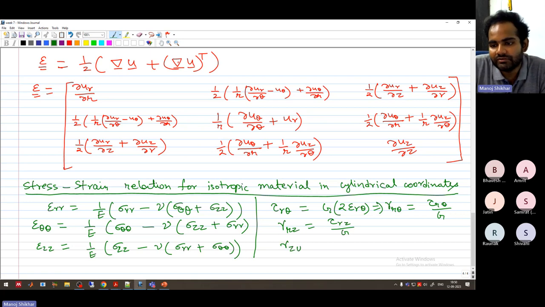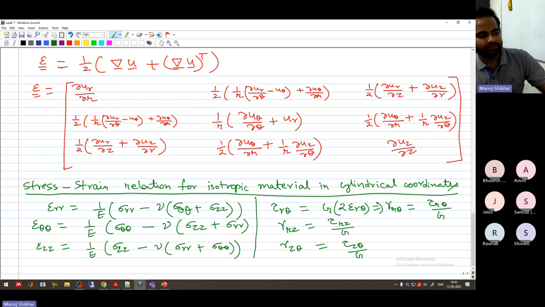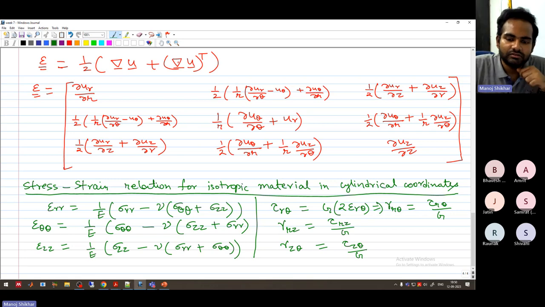And gamma z theta will be tau z theta upon G. So this is what was discussed in the previous week, in the week 7 lectures.